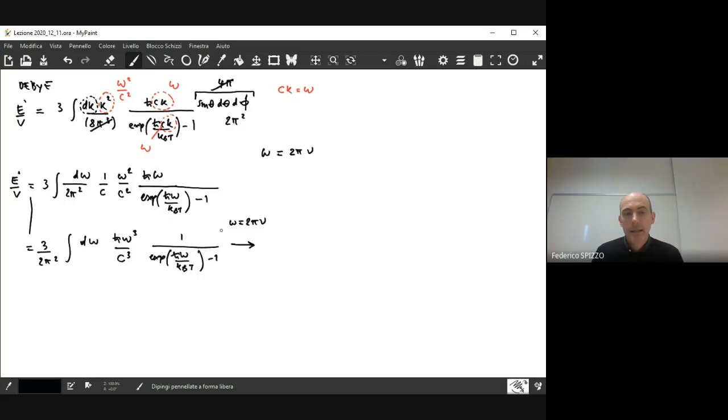The idea is that this integral is the integral that tries to... I forgot to write here that the initial integral was from 0 up to kd. When I switch to frequency, the upper limit is omega d. So in this case, the upper limit is omega d.